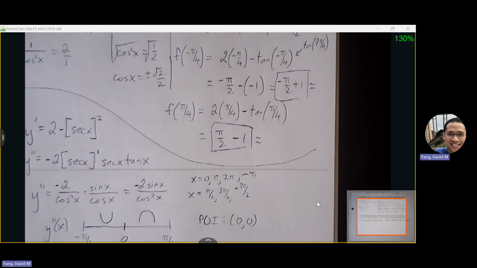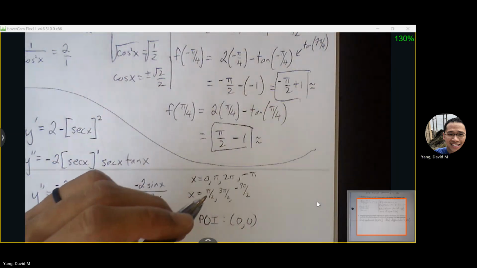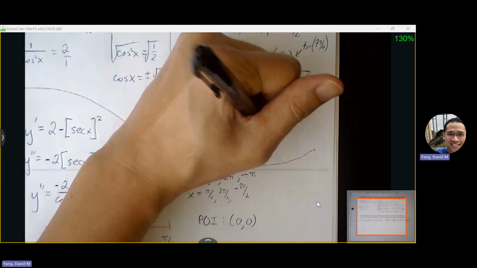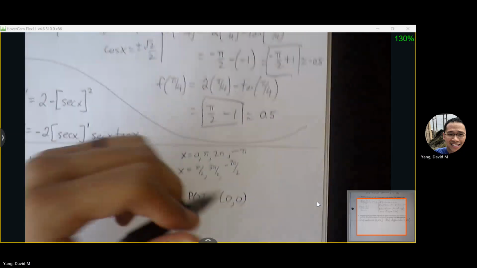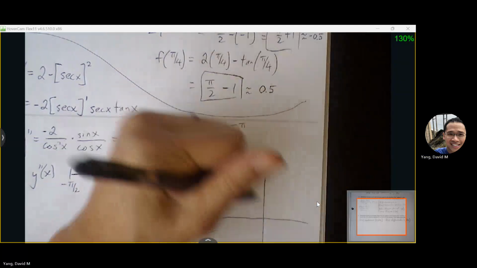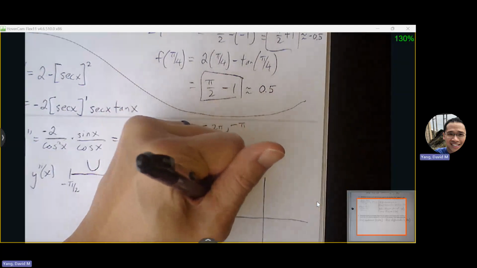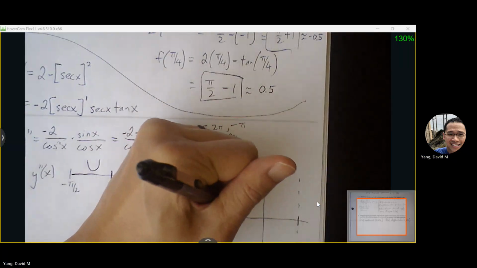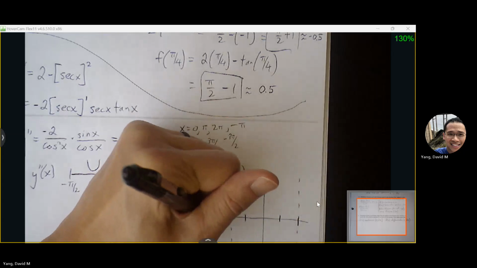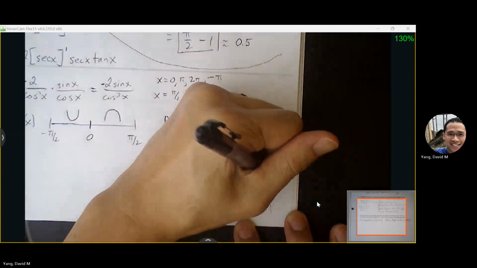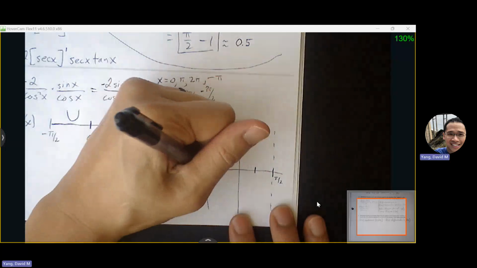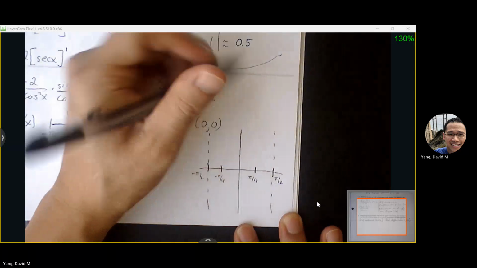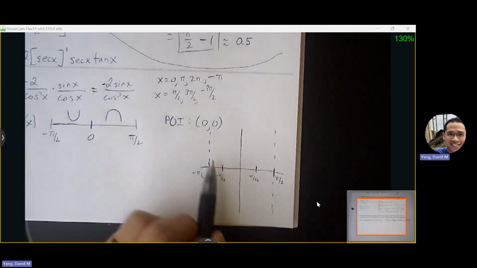It's around negative 0.5, and the relative max is around 0.5. Okay, so here's my curve. Asymptotes at negative pi over 2 and pi over 2. So the graph is going to decrease.